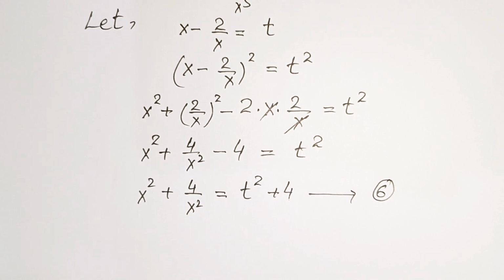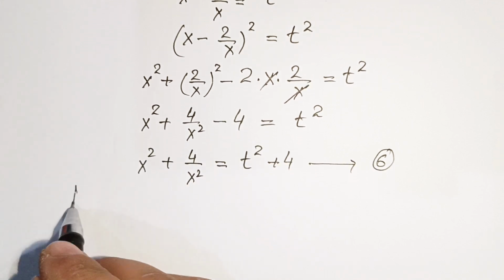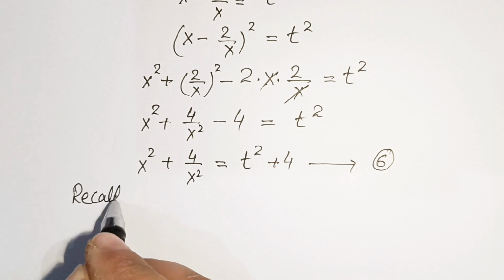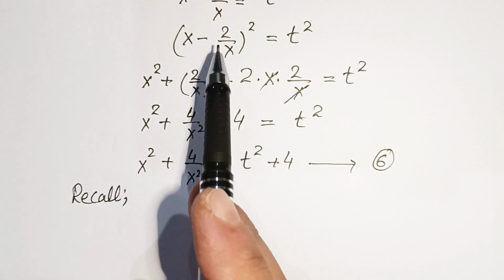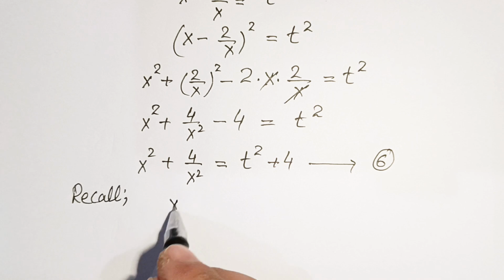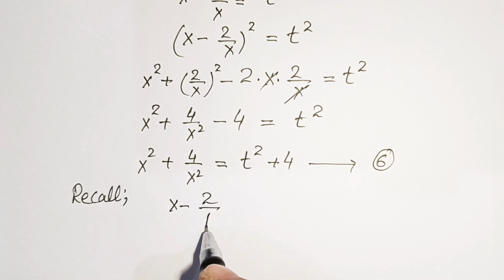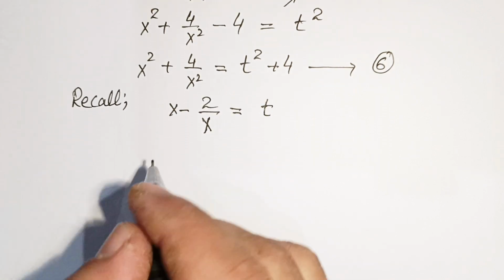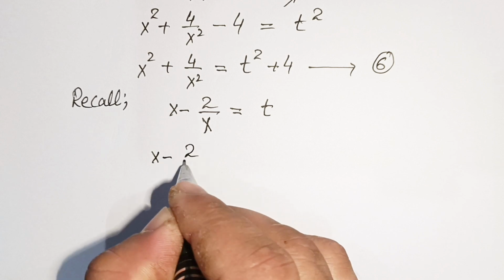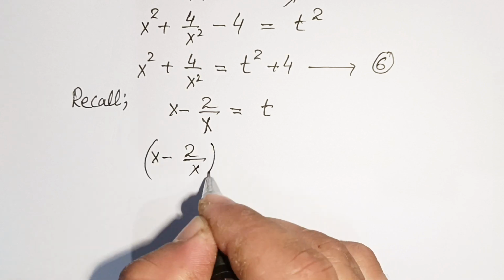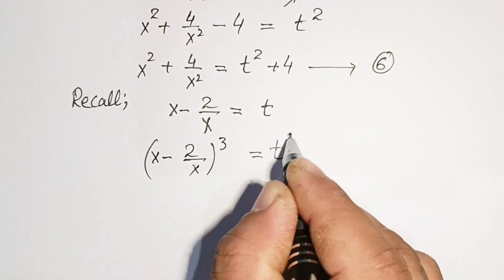Now we have to recall that x minus 2 over x is equal to t. Now taking cubed on both hand sides, we have x minus 2 over x whole cubed is equal to t cubed.